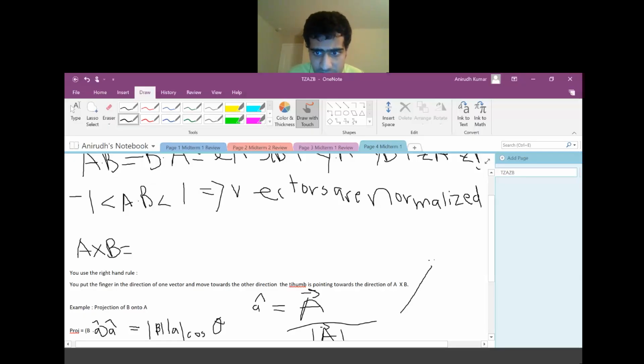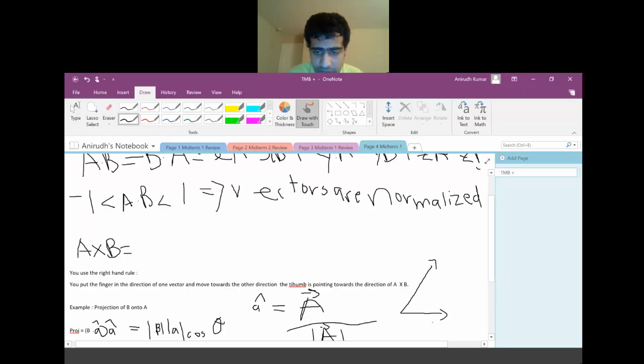And in a diagram, how you would visualize this projection is, imagine you have two vectors. You have a vector A and you have a vector B. The angle between these two vectors is theta.